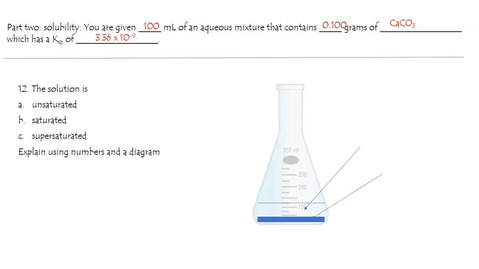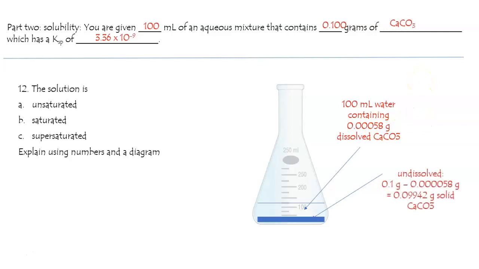We calculated from the last slide that the water that we have would only have 5.8 times 10 to the minus 4th grams in it. And the remainder, almost a full 1/10 of a gram, would be sitting on the bottom undissolved. This is a saturated solution, and this is our buffers and solubility practice test.